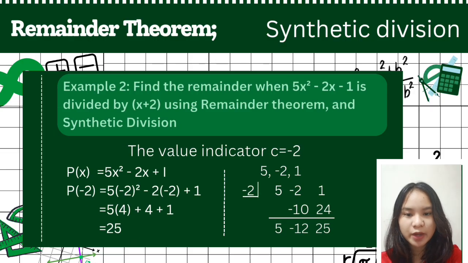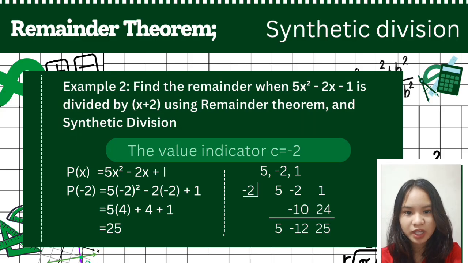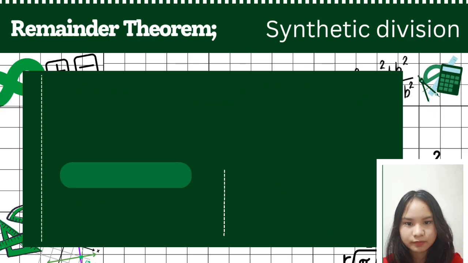Moving on, now we have example number 2. Find the remainder when 5x squared minus 2x plus 1 is divided by x plus 2 using remainder theorem and synthetic division. For the remainder theorem, we just do what we did earlier in example 1. Our value indicator, c, is equal to negative 2.